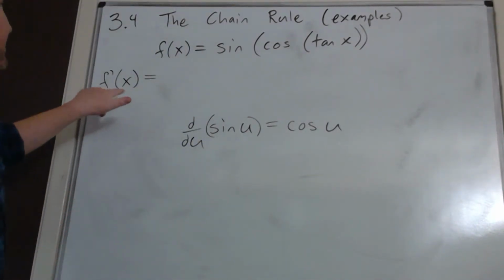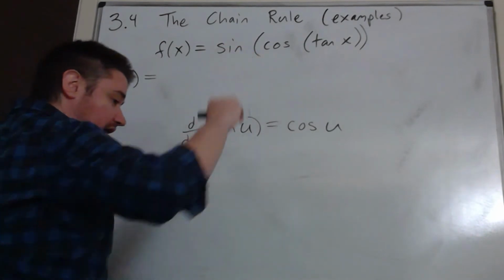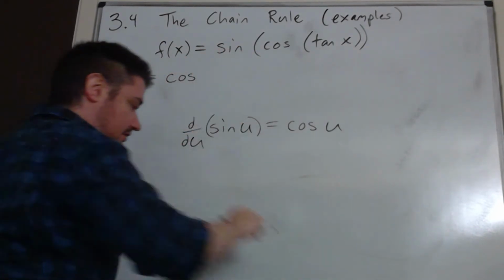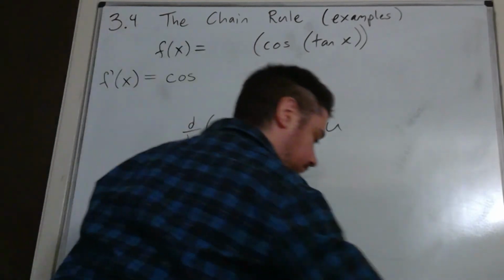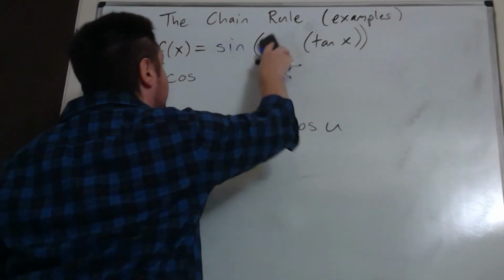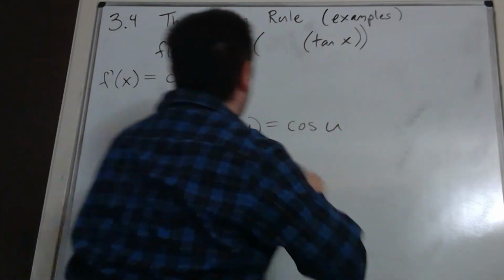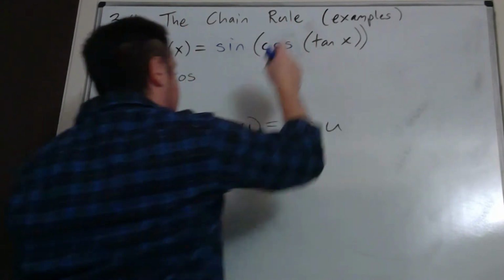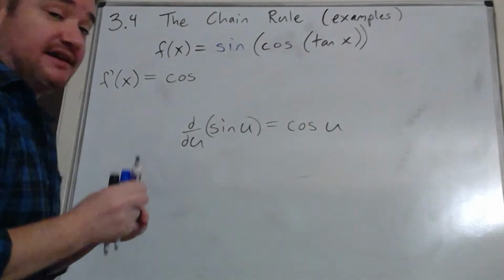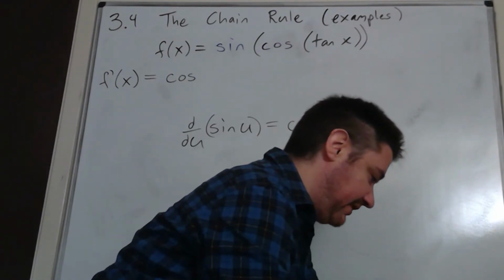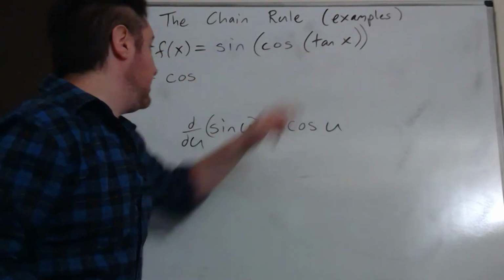So step by step, the derivative here is going to be cosine, sine of cosine of tangent of x. So I'll try to color code those. I don't know how visible all those colors are to you at home, but got blue, got purple, got black right there.